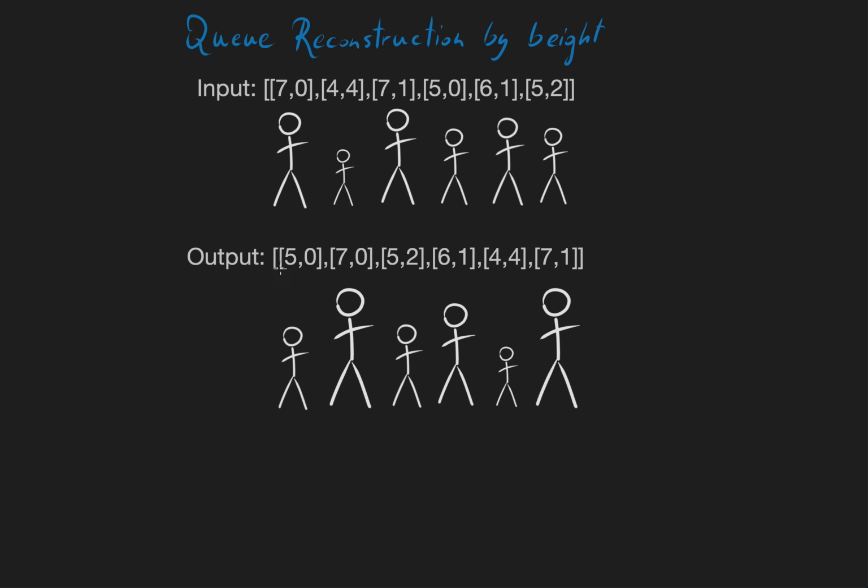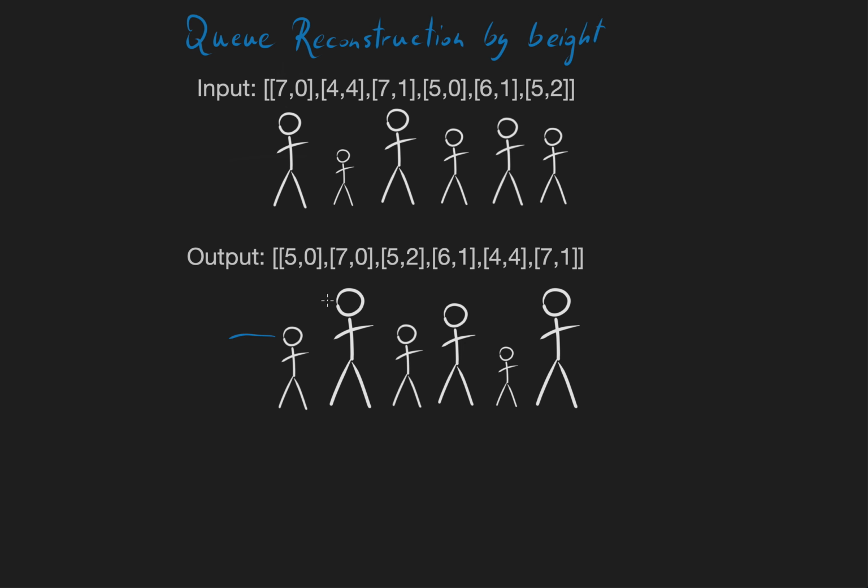So let's look at the output. We need to construct a function that would rearrange these people so that, let's say this guy here, who is 4 feet tall, sees 4 people in front of him. Cool. So this is our output. This guy doesn't see anyone.